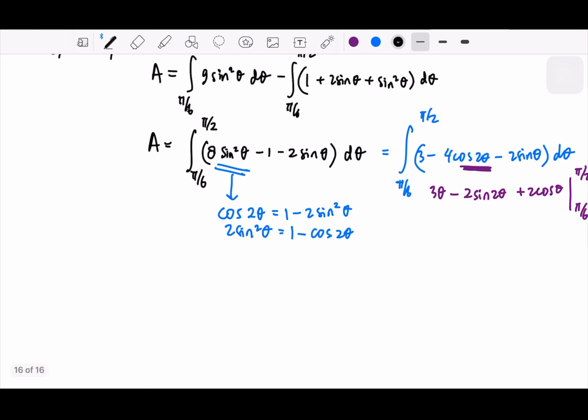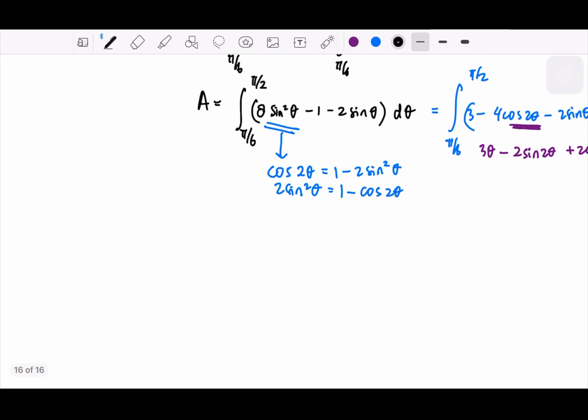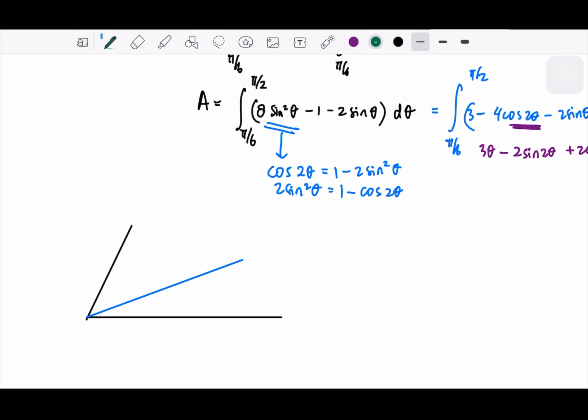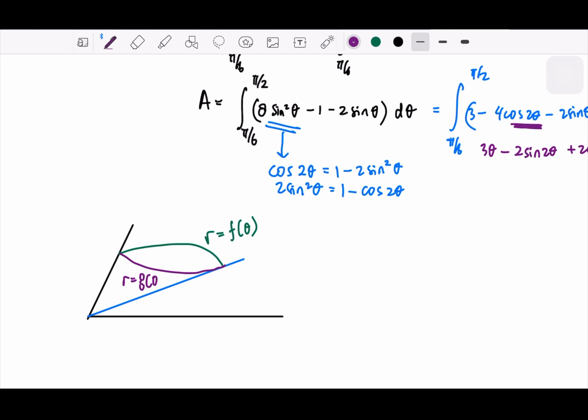Okay, now, in general, when we have two polar curves, right? So this is r equals f of theta, and the other one maybe here, maybe this is g of theta.